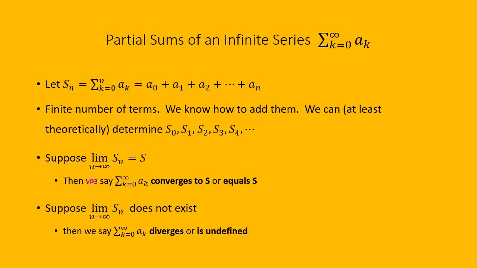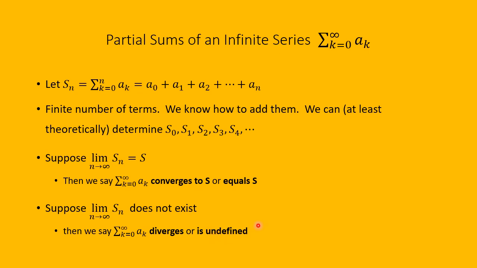In that case, we can say that this infinite series converges to s, or this infinite series equals s. If this limit does not exist, the limit of the partial sums does not exist, we'll then say that infinite series diverges, or we can say that infinite series is undefined.